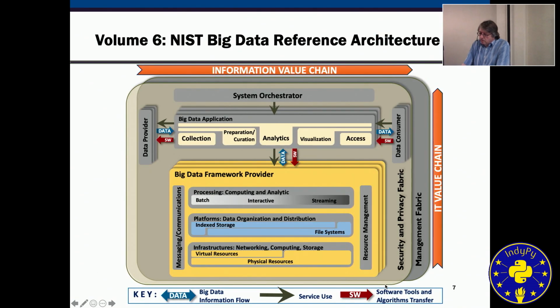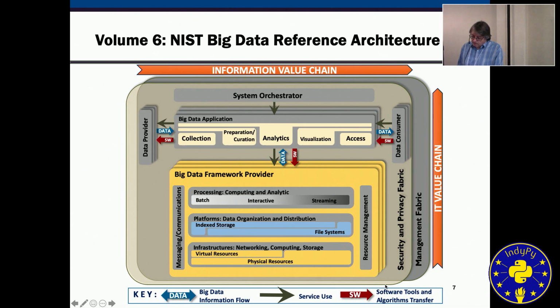So let's skip directly to volume 6 that introduces the NIST Big Data Reference Architecture. What we have discussed with a group of 40 or so people, mostly industry, is how they would approach, for example, an architecture that addresses big data to be implemented on their infrastructure.